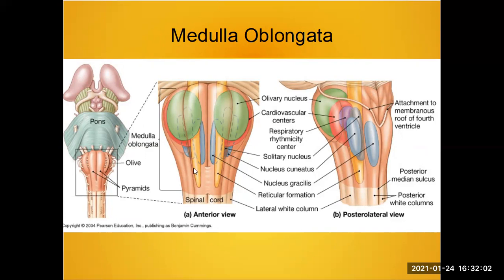Anterior surface of the medulla oblongata, where olivary nucleus, cardiovascular centers, reticular formation, nucleus gracilis et cuneatus, and other important structures of the medulla oblongata are located.